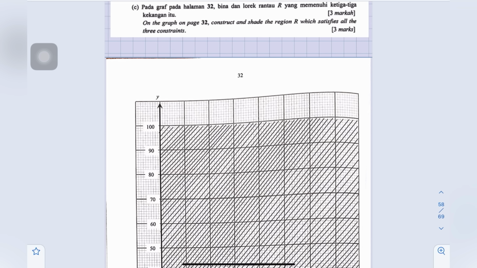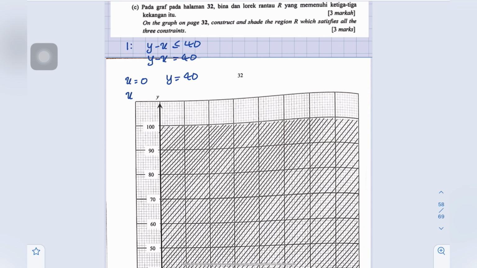C. On the graph on page 32, construct and shade the region R which satisfies all the three constraints. Okay, so for the first constraint, we have y minus x less than or equal to 40. So we have to draw the line y minus x equals 40. So we need to choose any two values of x. Let's say x equals 0, so y equals 40.